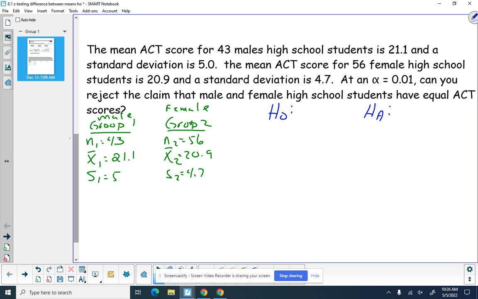Null and alternate hypothesis. I could have done that first, doesn't matter. We're testing to see, is there a difference? Not if one is greater than the other, just is there a difference between them? Or can we pretty much say they're the same? So if I take a look at my null and alternate hypothesis, are we going to talk about equal to, not equal to, or less than or greater than?